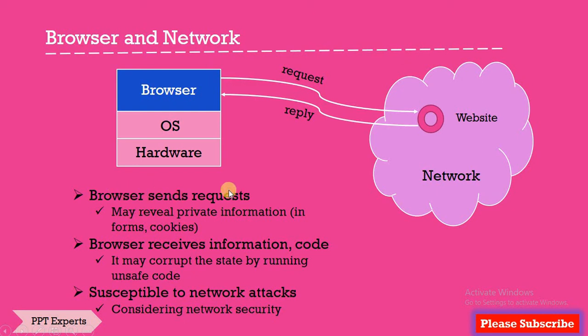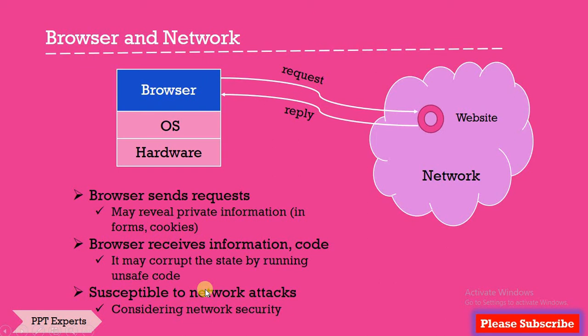Browser sends requests, which may reveal private information in the form of cookies. And the browser receives information code. It may corrupt the state by running unsafe code. So we send the browser request to the website and can get back unsafe code.